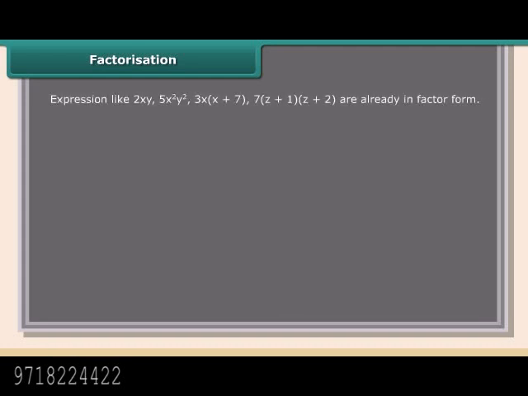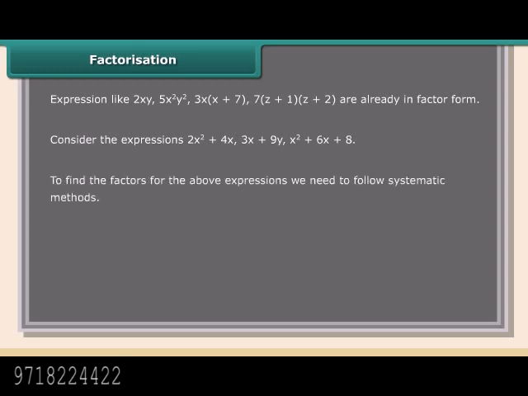Expressions like 2xy, 5x², y², 3x(x + 7), 7(z + 1)(z + 2) are already in factor form. Consider the expressions 2x² + 4x, 3x + 9y, x² + 6x + 8. To find the factors for the above expressions, we need to follow systematic methods.